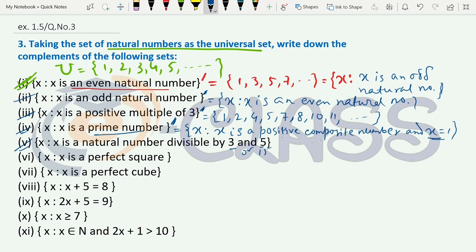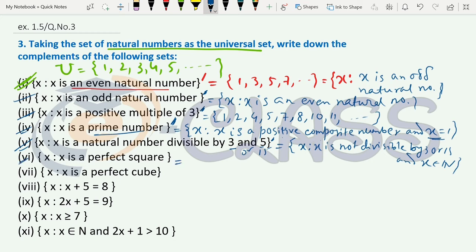So you get the set as x such that x is not divisible by 3 or 5, and x belongs to N because x is a natural number. Okay, so this is the complement of this set.